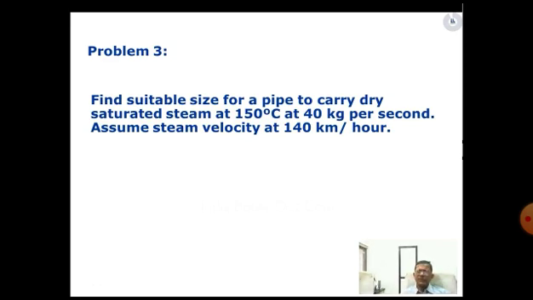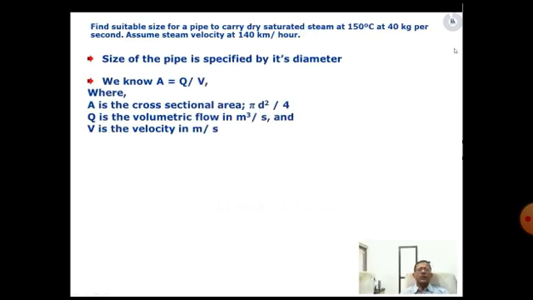The pressure is not given, but we can always refer to table 1 of the steam table, which is temperature based. The mass flow is given as 40 kg per second, and assume the steam velocity as 140 km per hour. When they ask for the size of the pipe, it will basically be the diameter, because the pipe size is specified by NB, nominal bore diameter.